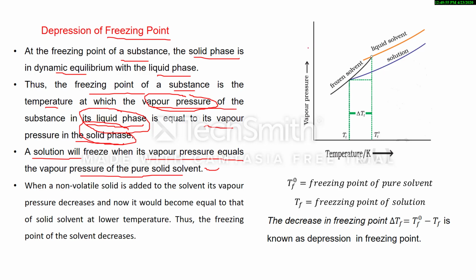Now just see from this diagram. This is vapor pressure, this is temperature in Kelvin. First we will take the pure solvent. When its temperature decreases, its vapor pressure will decrease.